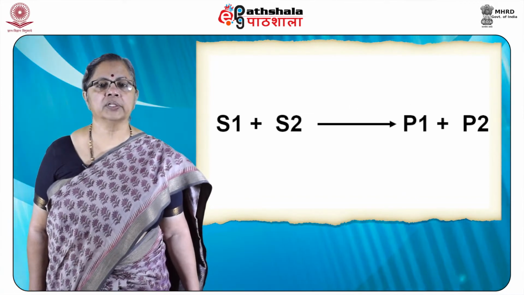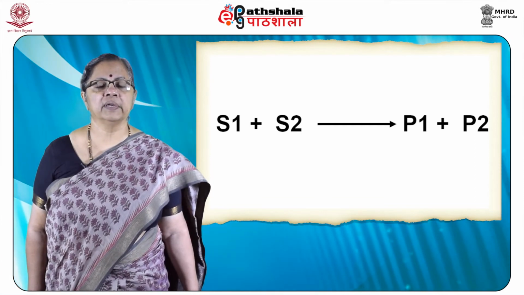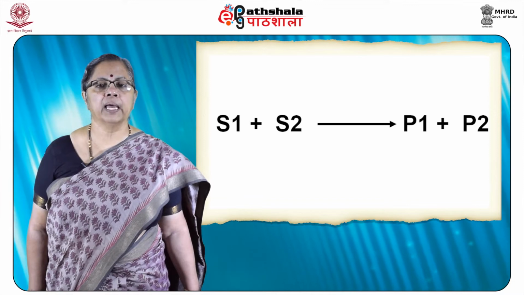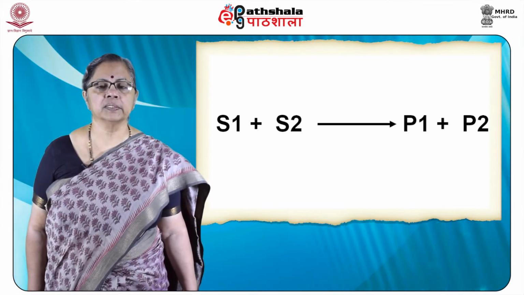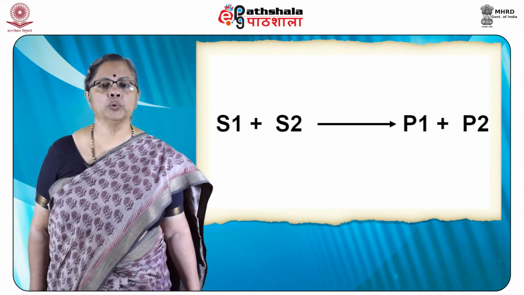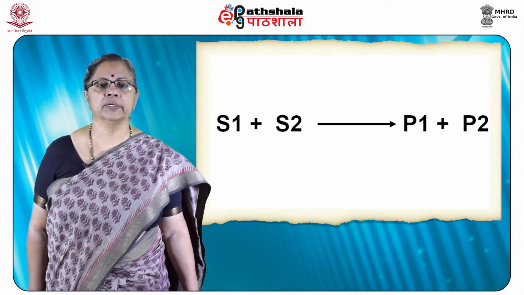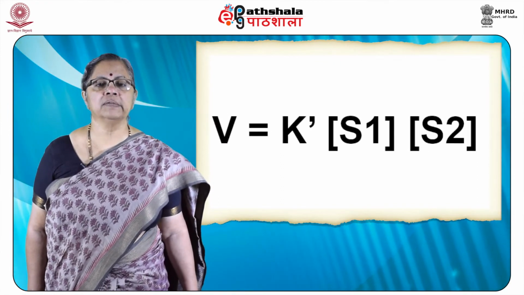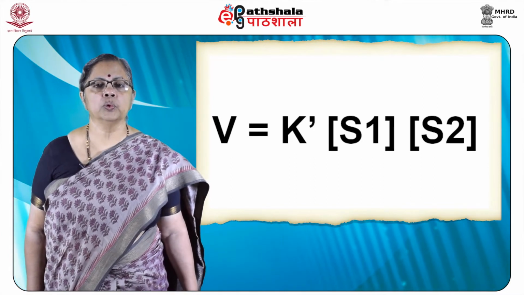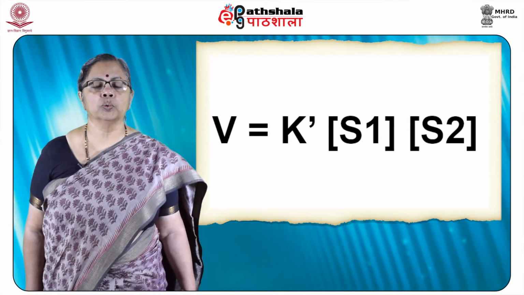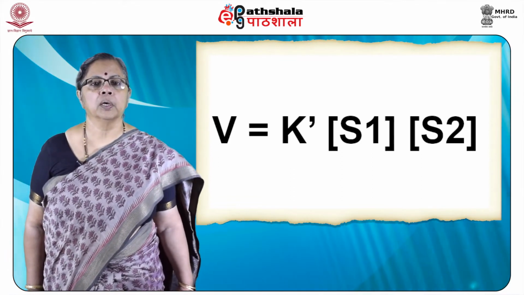For a reaction S1 plus S2 giving rise to P1 and P2, S1 and S2 being substrates and P1 and P2 being products, this reaction being a second order reaction, the velocity V is equal to K prime into bracketed S1, bracketed S2, both bracketed because it's the molar concentration.